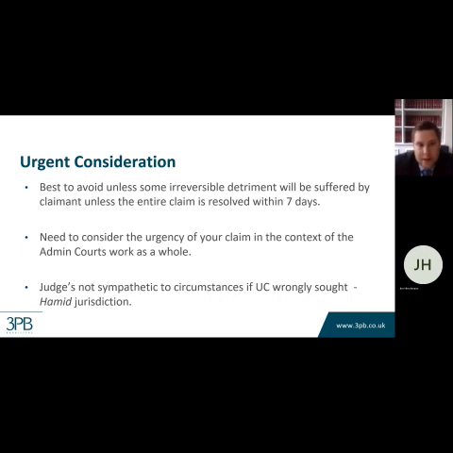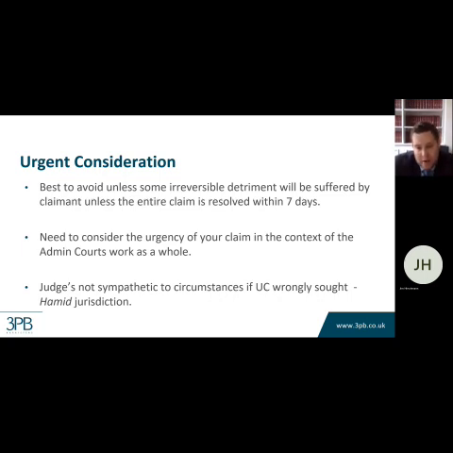What's important when you think about urgency is that you think about it from the judge's perspective. To you and your client, something may be urgent. Some of the types of challenges that are sometimes considered urgent are things like a child not having school transport, or in the context of adult social care, a care plan not being issued within the statutory timescales.